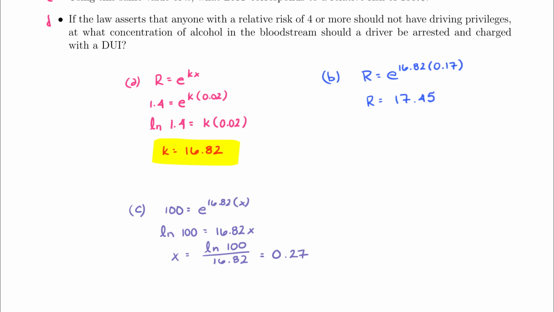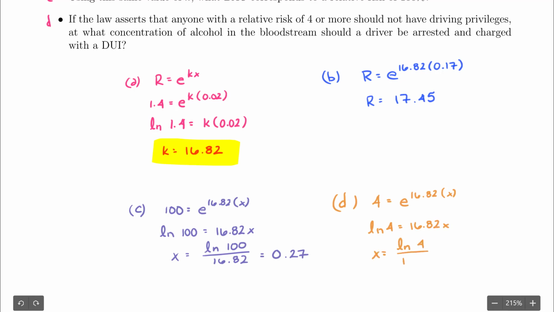So part D is very similar to part C. A relative risk we know to be 4, and we want to look at e to the 16.82x. Again, we don't know what x is, so this is going to be the natural log of 4 is equal to 16.82x. That means x has to be equal to the natural log of 4 over 16.82.